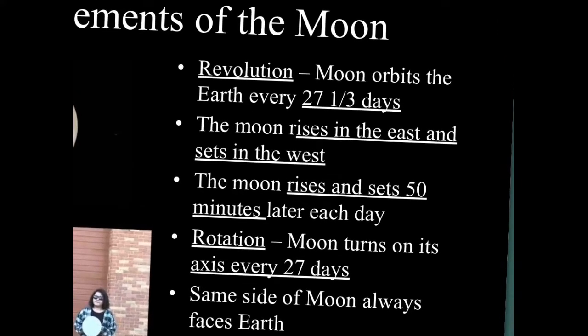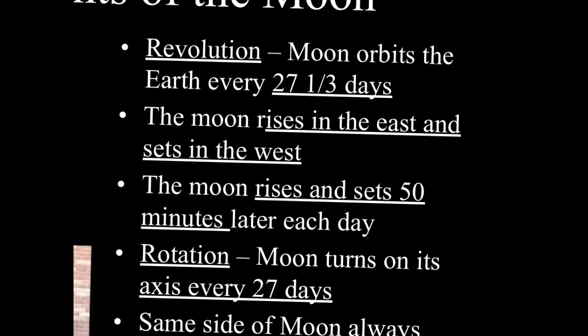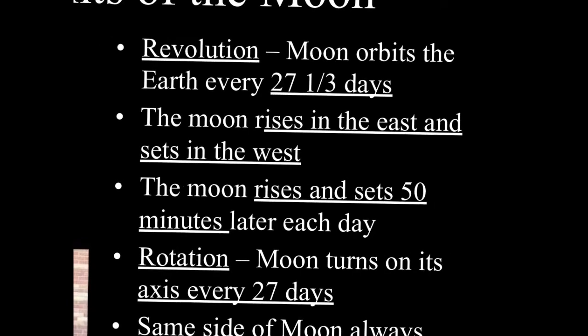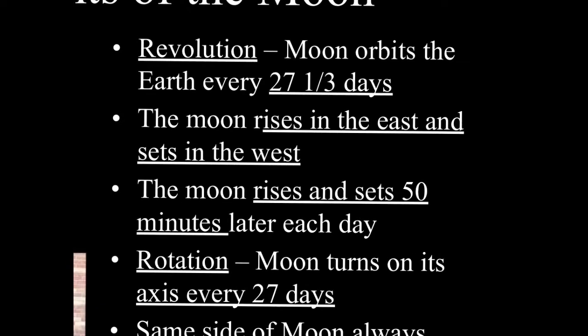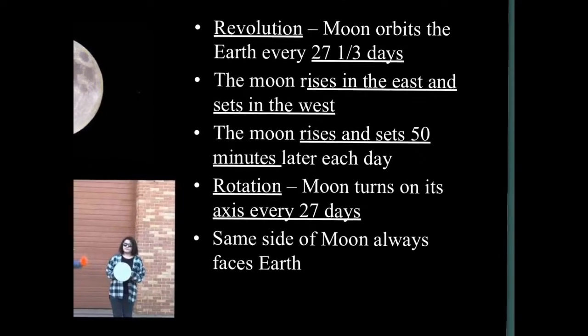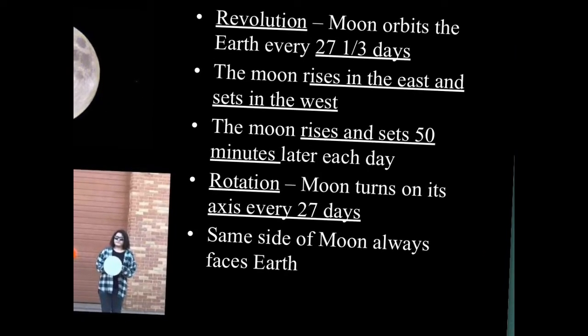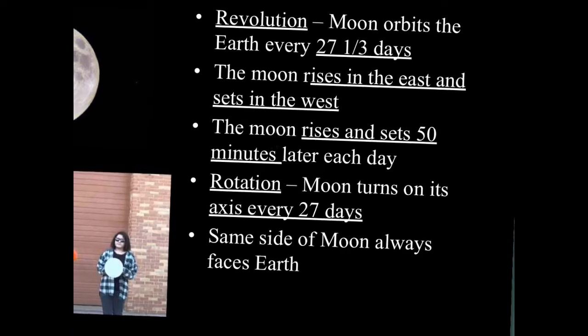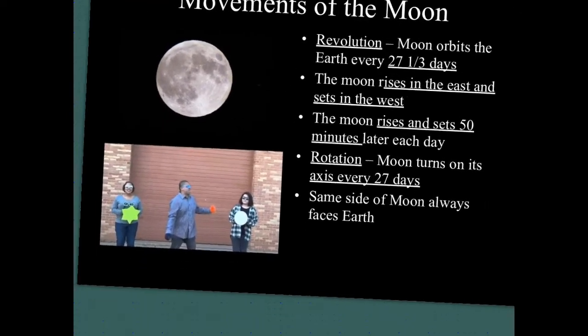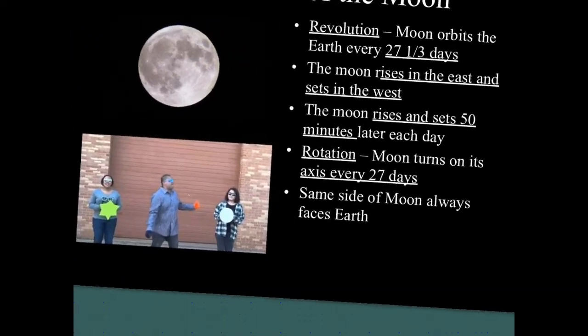Now, the moon rises in the east and sets in the west. And I'd like you to kind of start seeing how this occurs. Just like the sun, it appears to rise in the east and set in the west. Now, the moon rises and sets 50 minutes later each day, and it rotates on its axis every 27 days, which is why we see only one side of the moon.